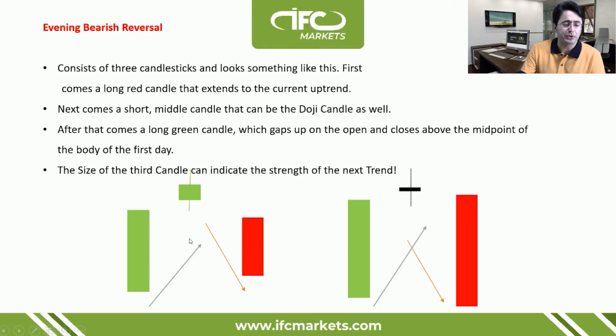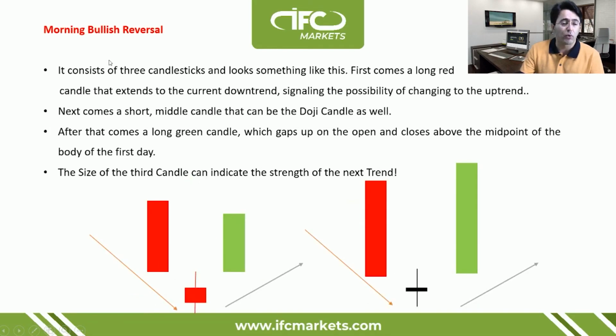When it's the end of an uptrend, you can see the bullish candle, and then a small candle with a small shadow above or below, or it can even be something like a doji star. And the third candle is the bearish candle, as you can see here, exactly as it was in the morning bullish.